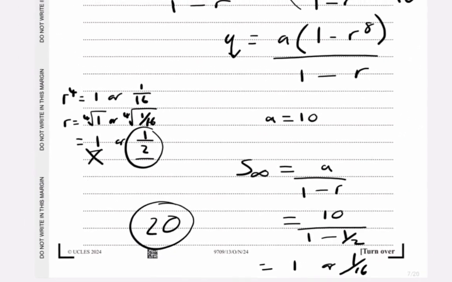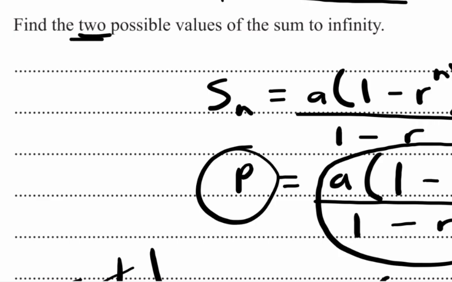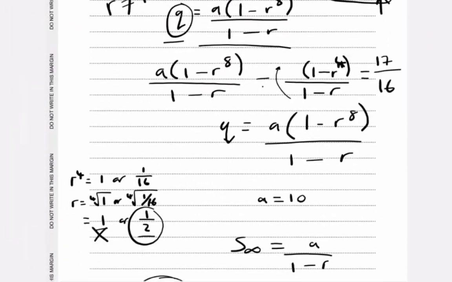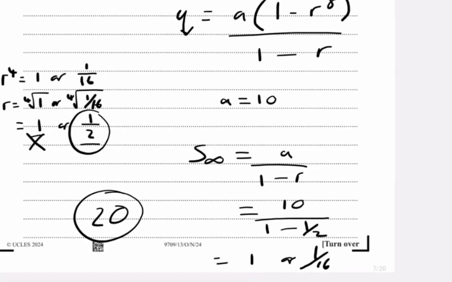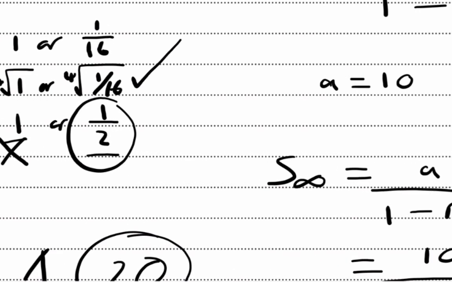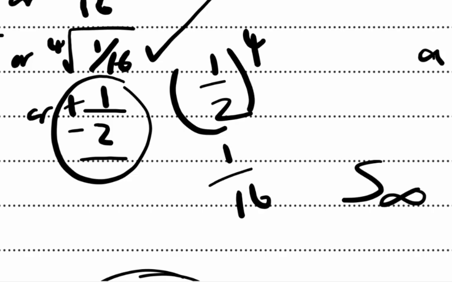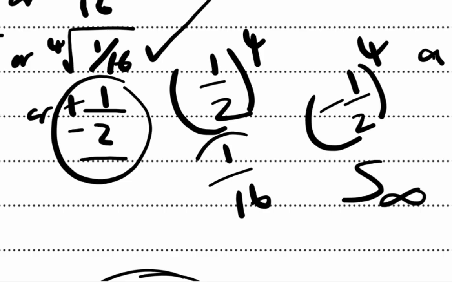And the reason I'm saying the first one is because they said find the two possible values of the sum to infinity. So let me try and see where the other one is coming from, because we know the first answer is 20. I see. R here is plus half or minus half. So if we have half and we say to the power 4, we get 1 over 16. And if we have minus a half and we raise it to the power 4, we get the same answer.